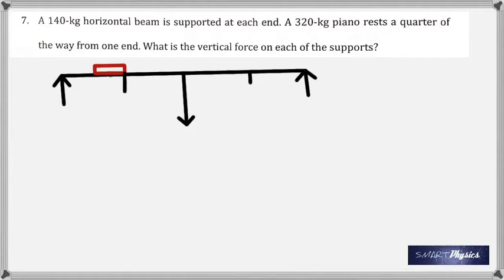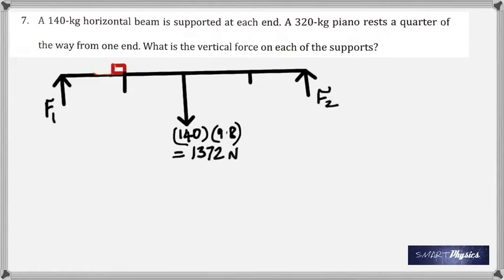And remember that the mass of the beam itself, which is 140 kilograms, is acting right through its center. And the piano is here, which has 320. So 2 forces down and 2 forces up. So that's 140 kilograms, changing it into newtons.